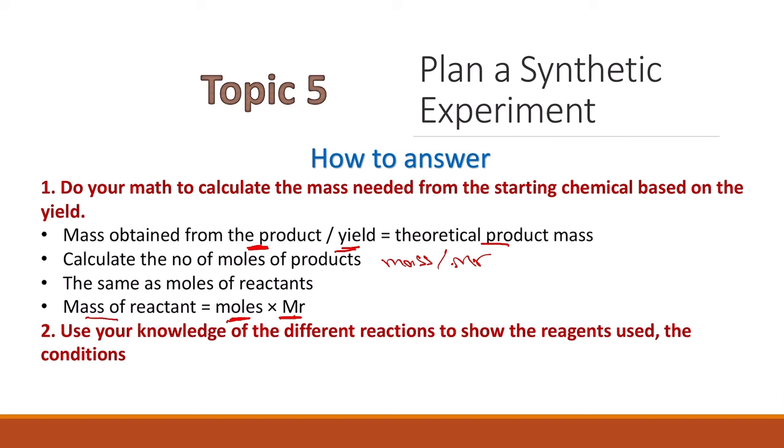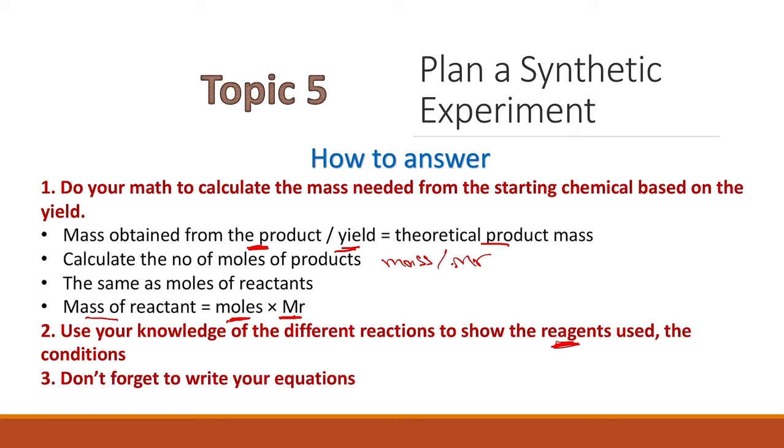Don't forget to use your knowledge of the different reactions we just talked about to show the reagents used. It's very important to show the reagents and the reaction conditions, whether it's going to use reflux or just room temperature or whatever. If there are any catalysts you're going to use, you have to refer to that as well.